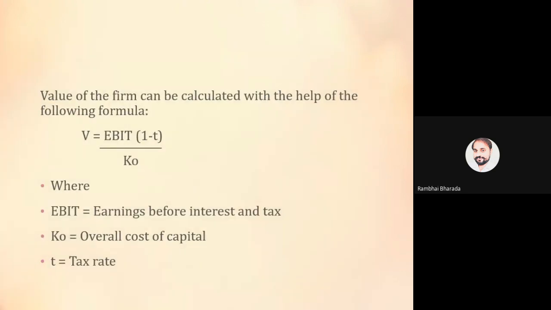Okay, write down the formula. V is equal to EBIT. EBIT stands for earning before interest and tax, or profit before interest and tax. In bracket 1 minus T, divided by Ko, and your Ko stands for cost of overall capital or overall cost of capital.